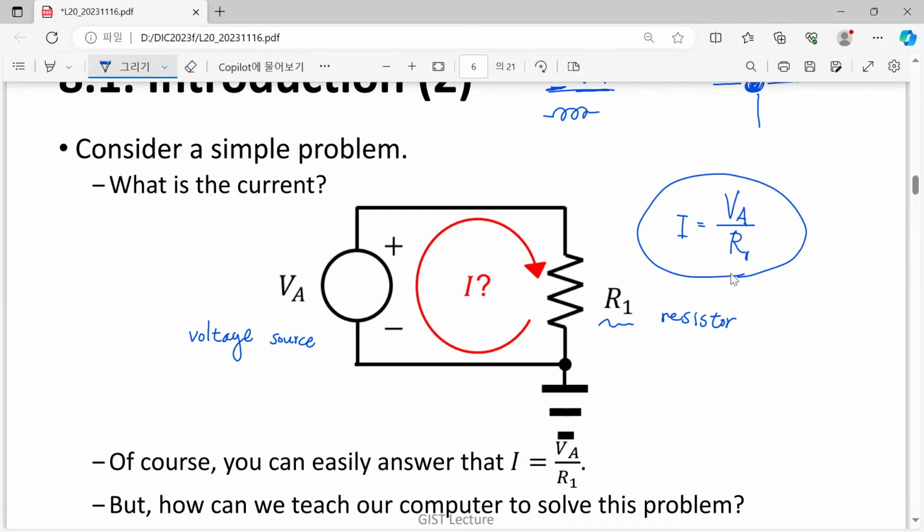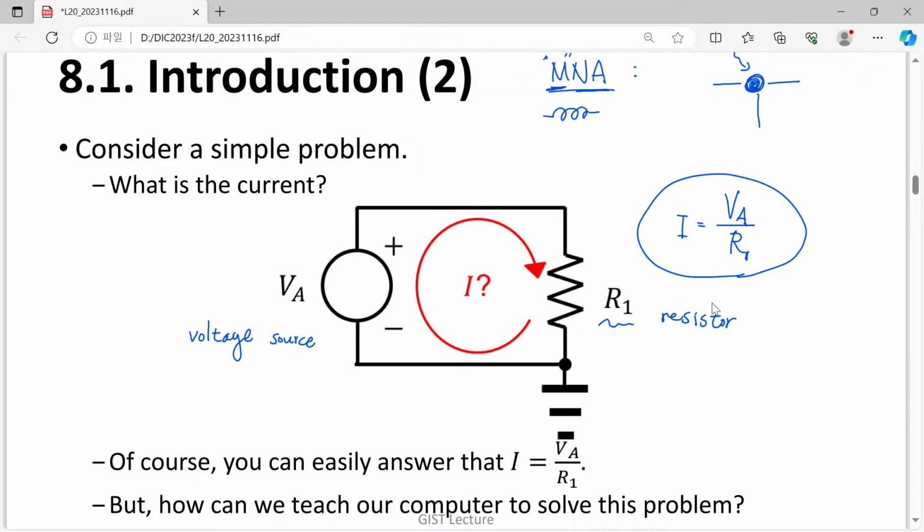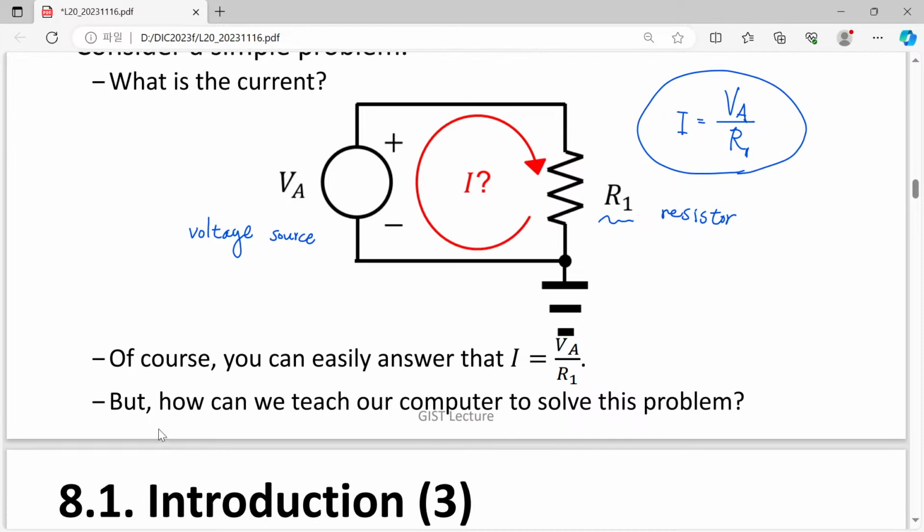Yes, everybody knows. However, the point is, how can we teach our computer to solve this problem? Although we can do it, if you just buy a certain PC, then your PC cannot solve it. So how can we teach our computer to solve this problem?